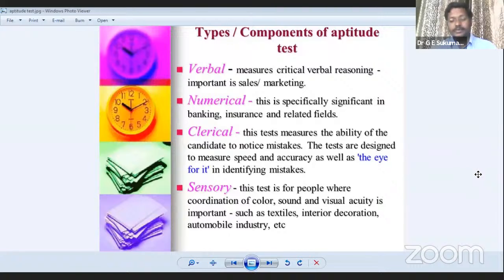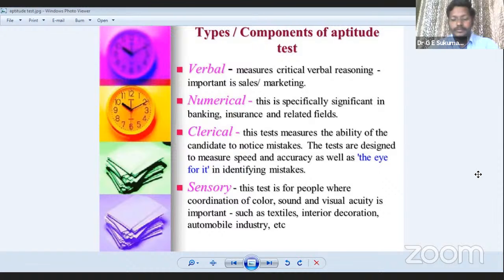Yes, there are different types of aptitude tests. For example, motor and manual test, differential aptitude test battery, multiple aptitude test battery, and special aptitude test battery.